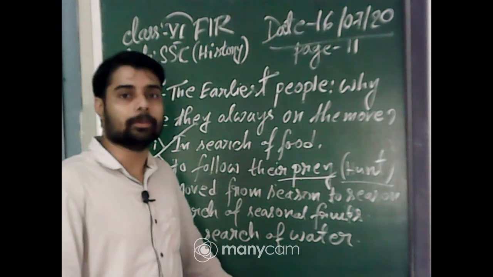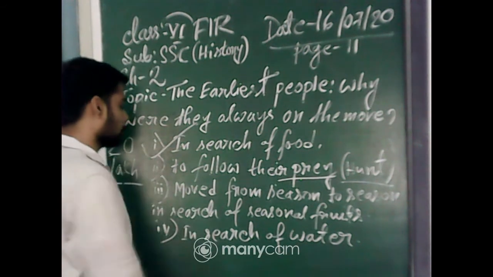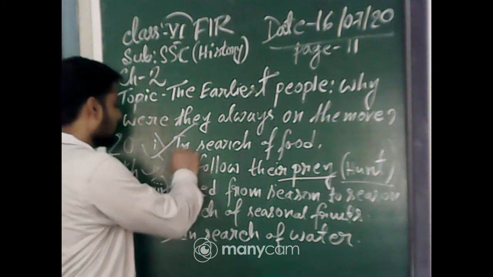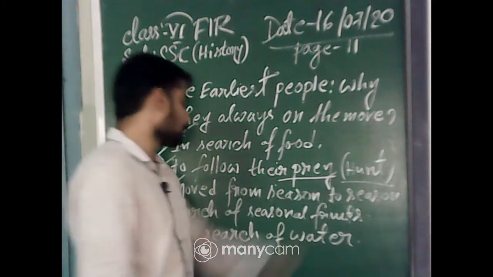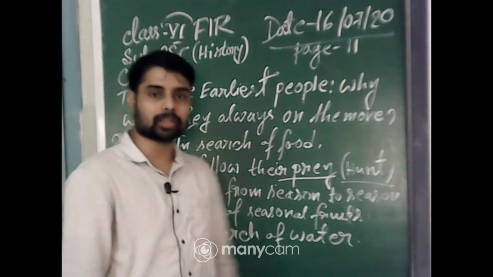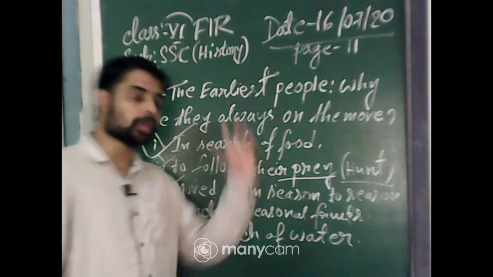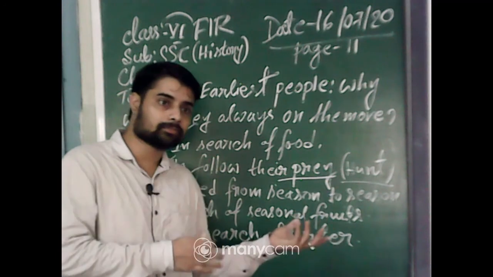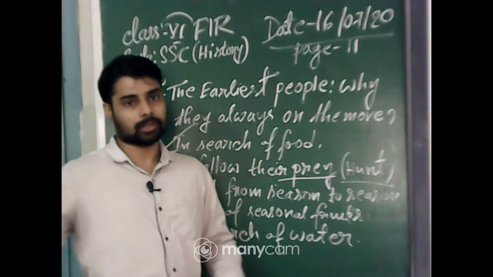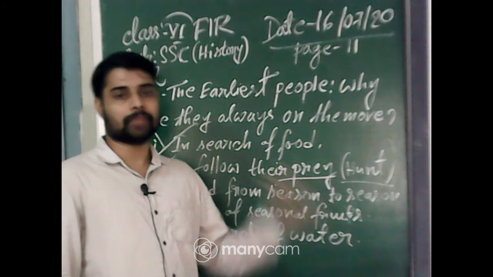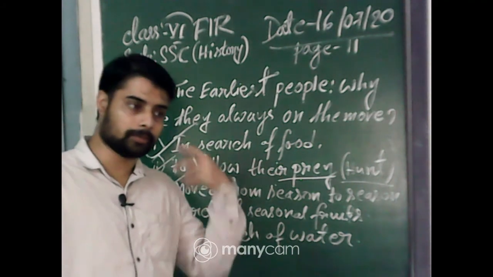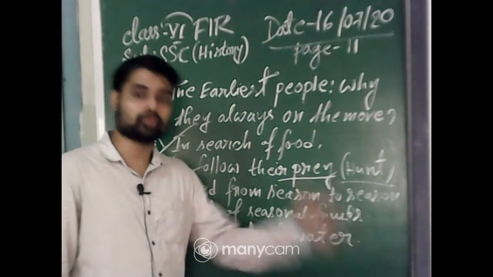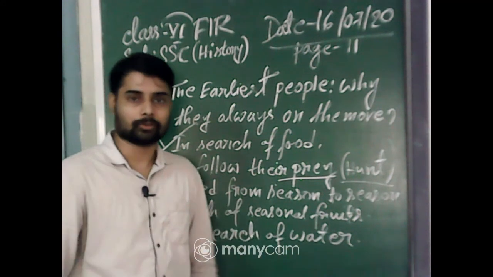That is why they migrated from one place to another in search of seasonal fruits. Suppose in one season the mango grows in Bengal, and in another season it is totally dry. If they wanted to collect fruits and grains, then they had to migrate to another place in search of fruits and roots.